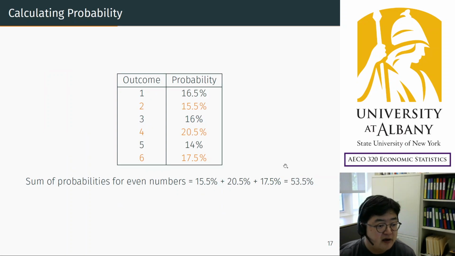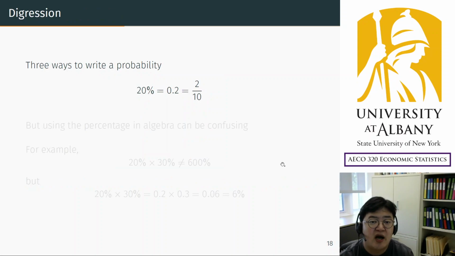Okay, and before finishing this video, I'd like to digress a little. It's a simple thing. Probability, in this course and in any textbook or course, uses either one of the three methods. 20% is basically the same thing as 0.2 or 2/10.